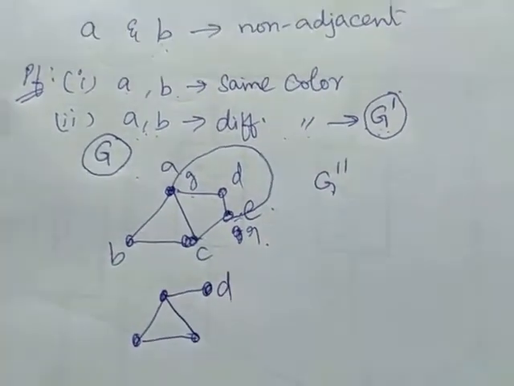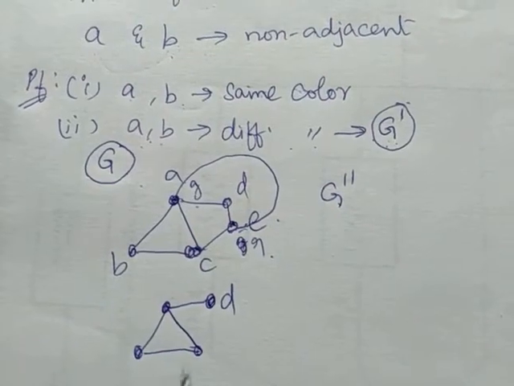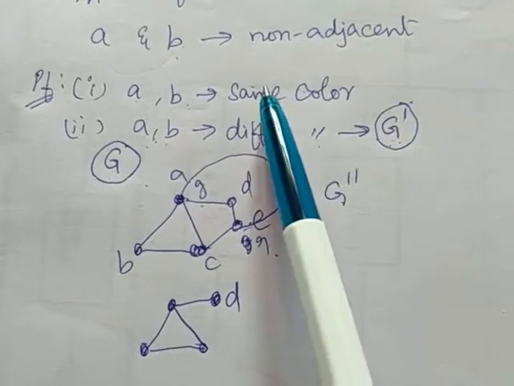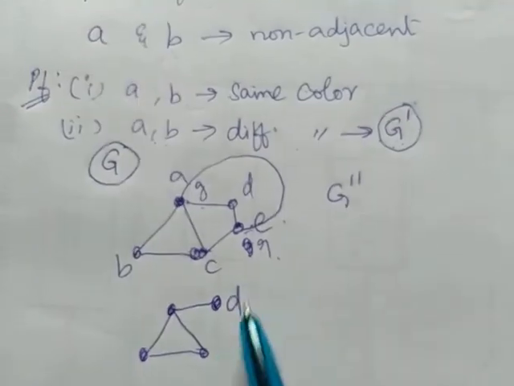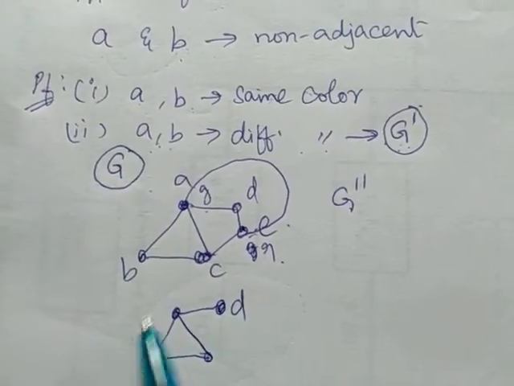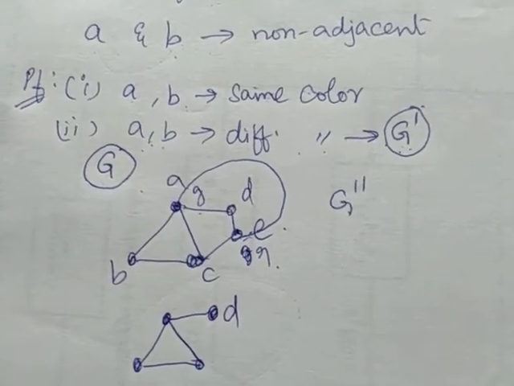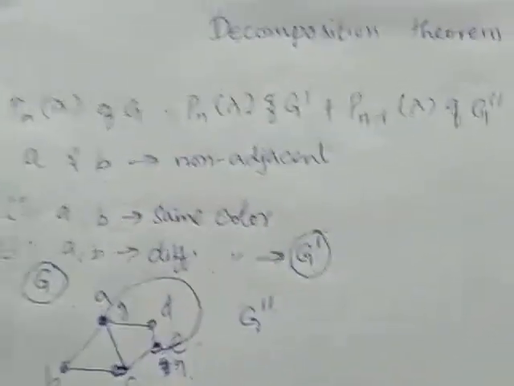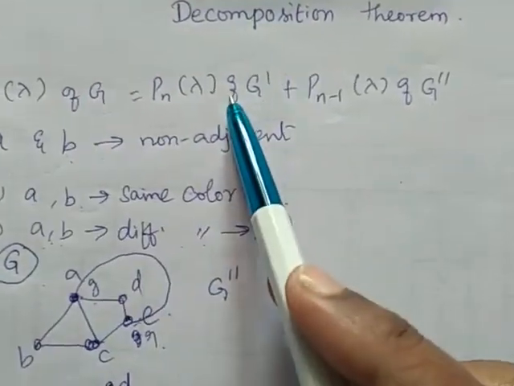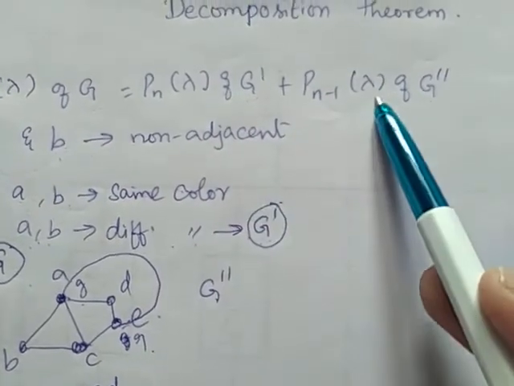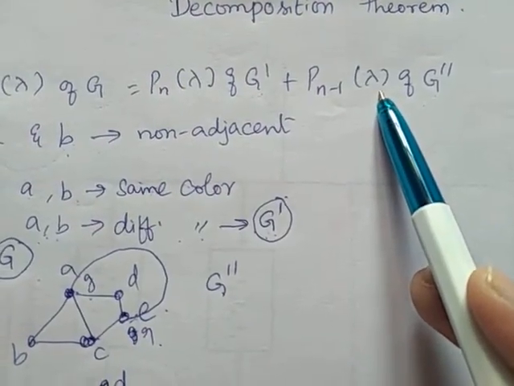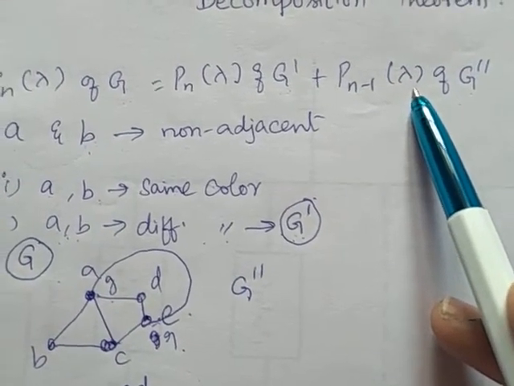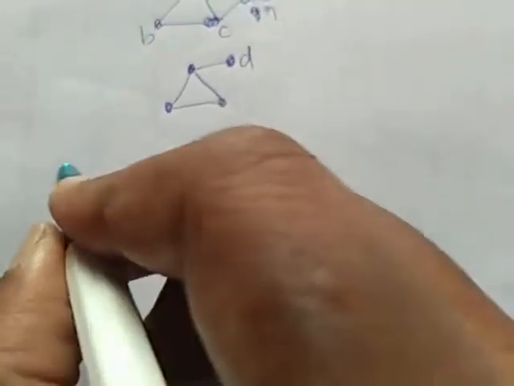We are having D. So the number of ways of coloring the graph G by taking A and B as the same color is the same as coloring the graph G double dash. Therefore, we get the result Pn lambda of G is equal to Pn lambda of G dash plus Pn minus 1 lambda of G double dash. This is our decomposition theorem.